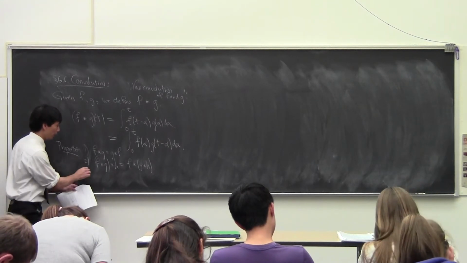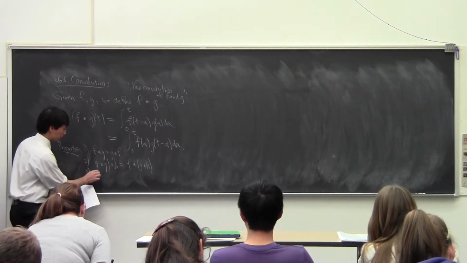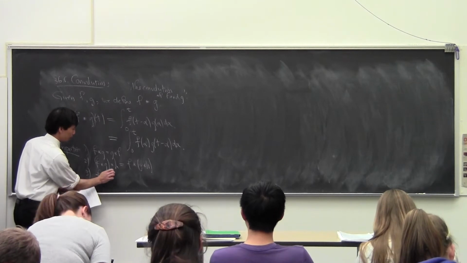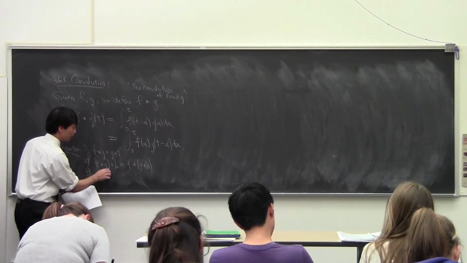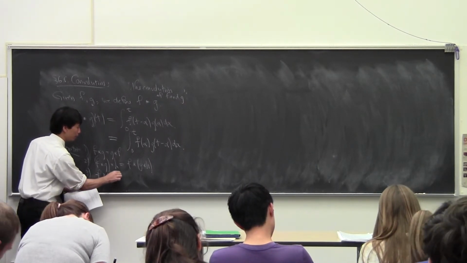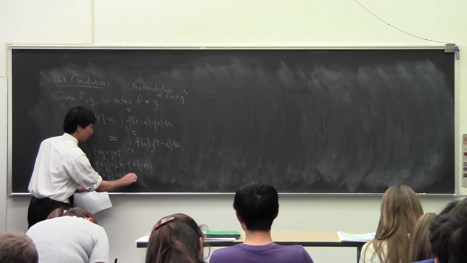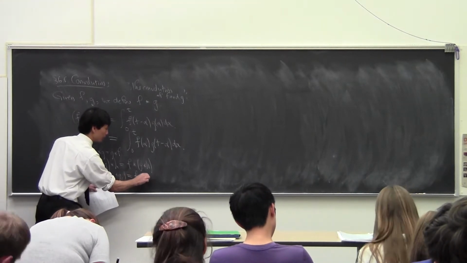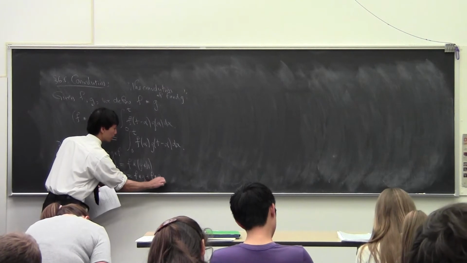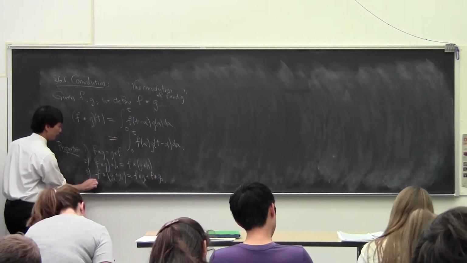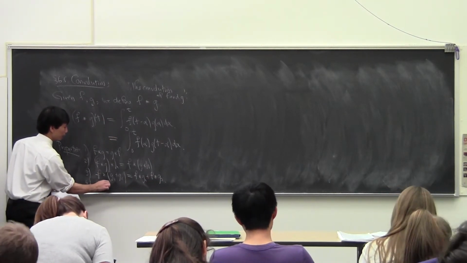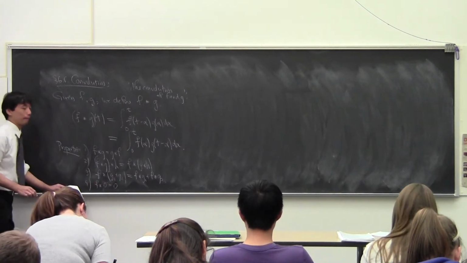Three, the distributive property: if you convolve against a sum, that's the same thing as the sum of the convolutions. And number four, obviously, if you convolve with 0, you get the 0 function.